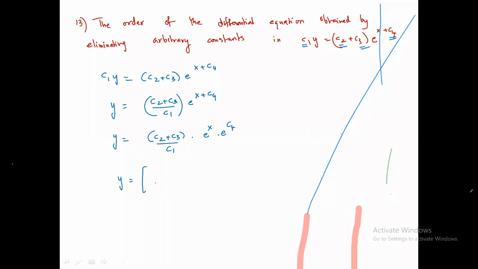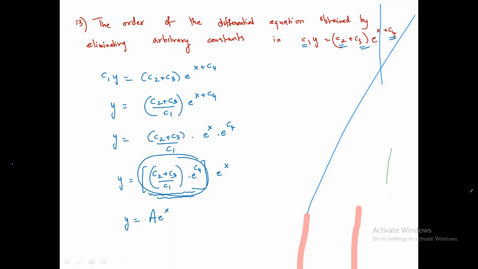Grouping all the arbitrary constants, (C2 + C3)/C1 into e^C4, these all come as constants. Only e^x is not a constant. So on the whole, we have only one constant, a, into e^x. This entire constant, I'm taking it as one constant a.